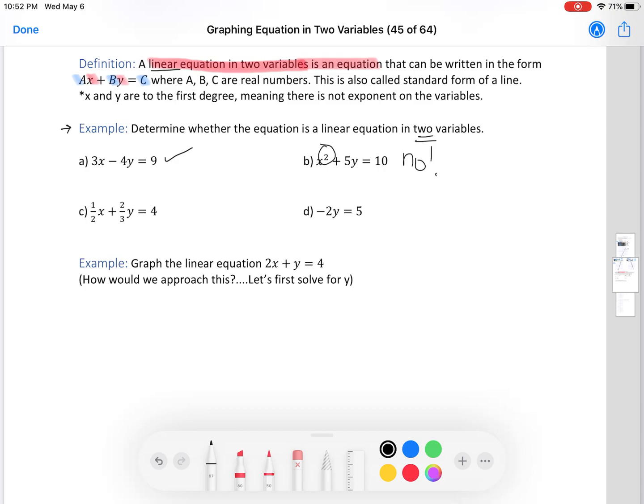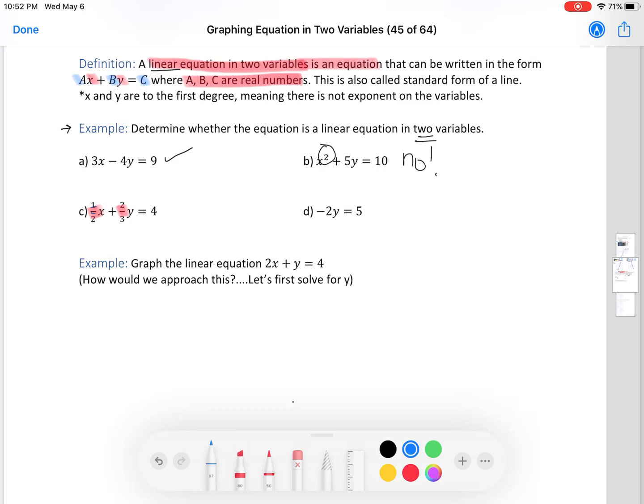Okay, C, I have 1/2 x plus 2/3 y equals 4. Remember, we can have any number for our coefficient, even fractions. It just says that a, b, and c are real numbers.